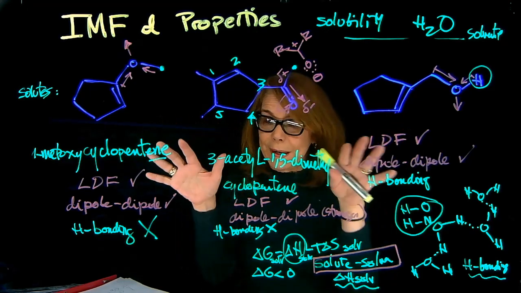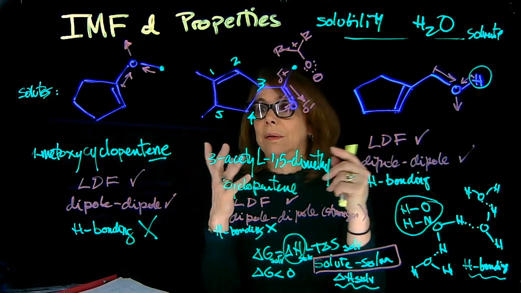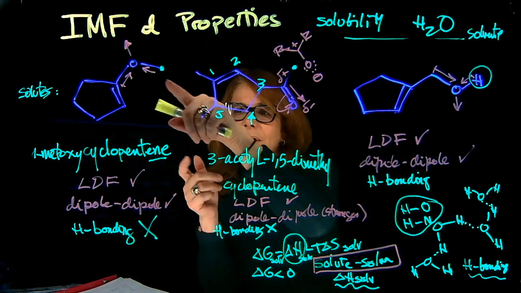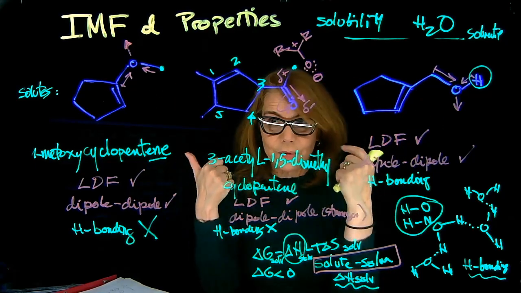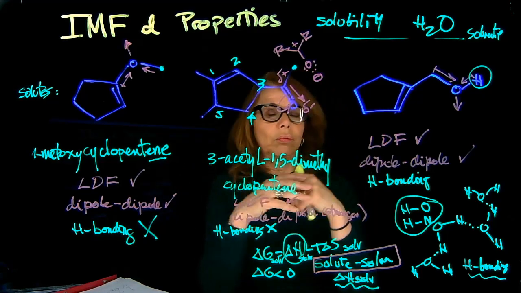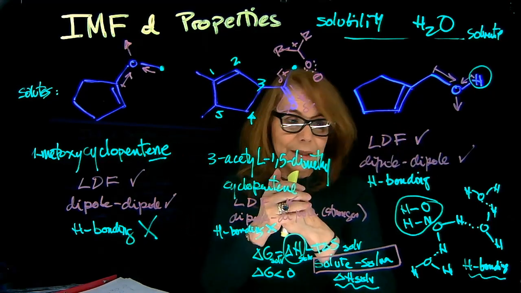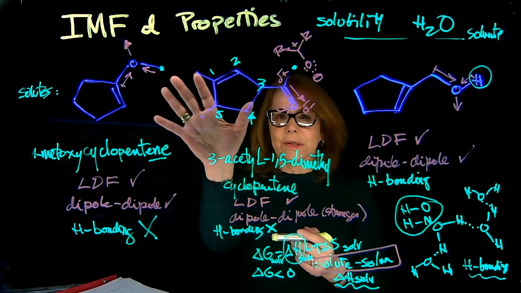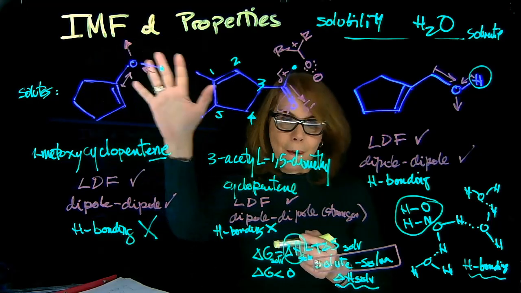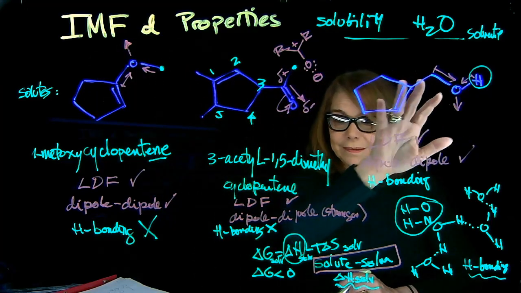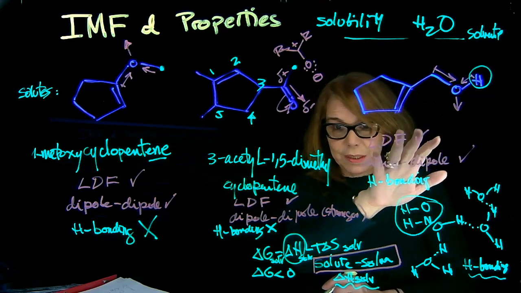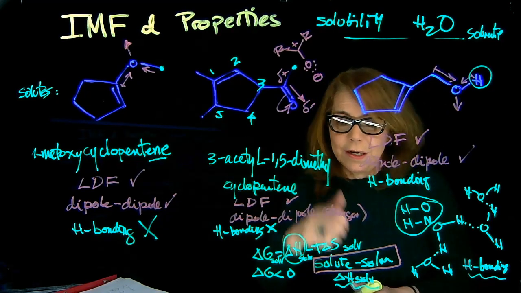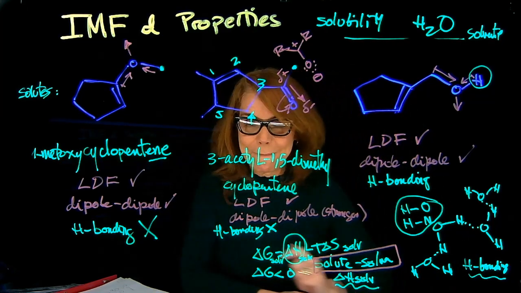Also, we have about the same number of carbons. This is 6 and this is also 6. So 6 carbons, 1 oxygen, about similar molar mass and similar London dispersion forces. The dipole is stronger here than here, but again, this has hydrogen bonding, similar to what I have in the solvent. So this is the one that's going to be most soluble.